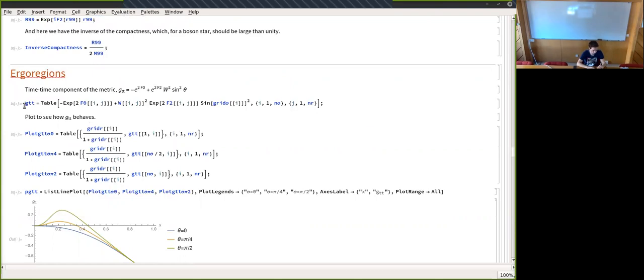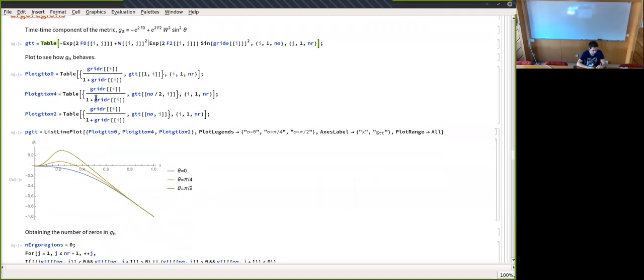The first thing you do is define the g_tt component. Then here I also do a plot just to see. As you can see, g_tt goes above 0. For example, at theta equal to pi over 2, you can see there is a region in which g_tt goes above 0, so there is an ergo region.